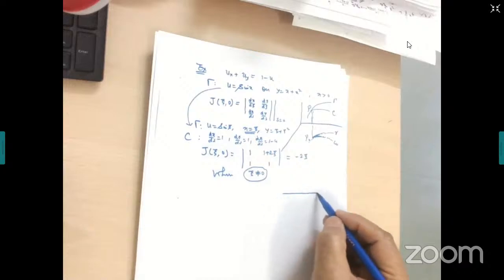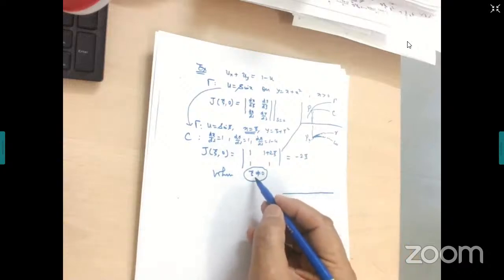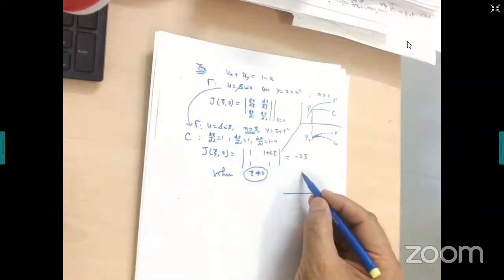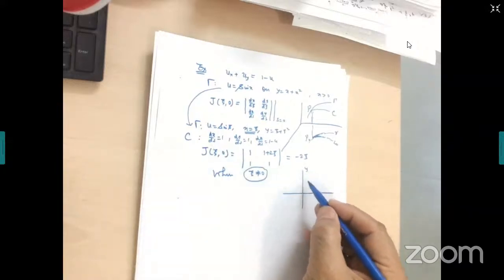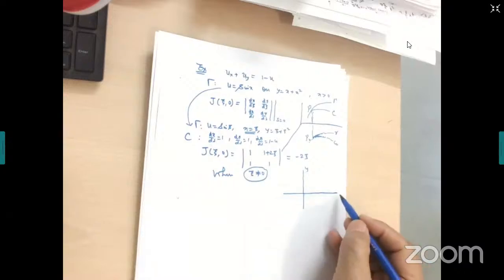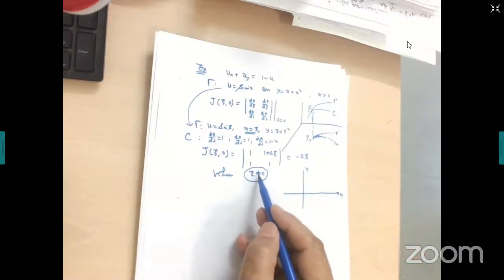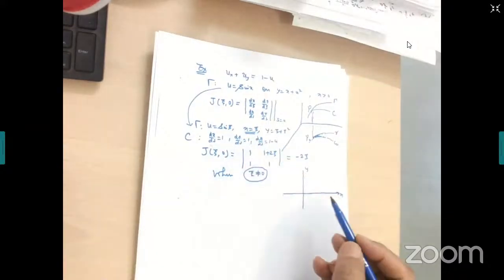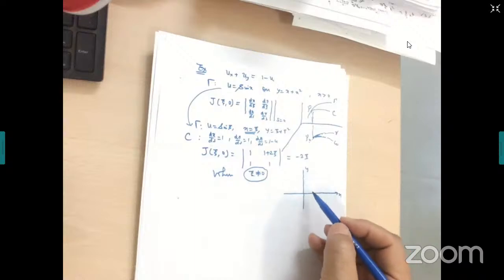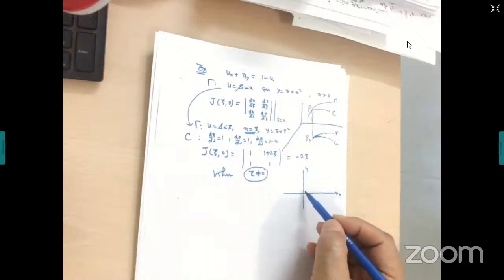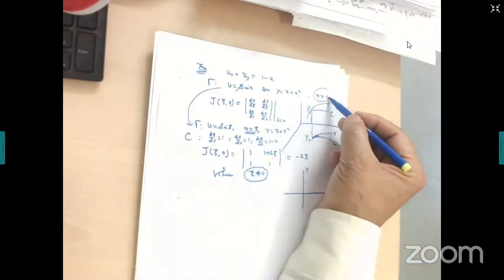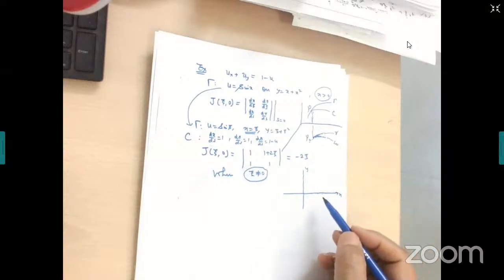So when x is not equal to 0, here on the y-axis x is 0. Xi not equal to 0 means x not equal to 0, that is, x is greater than 0. That's why it is specified here: x is greater than 0.